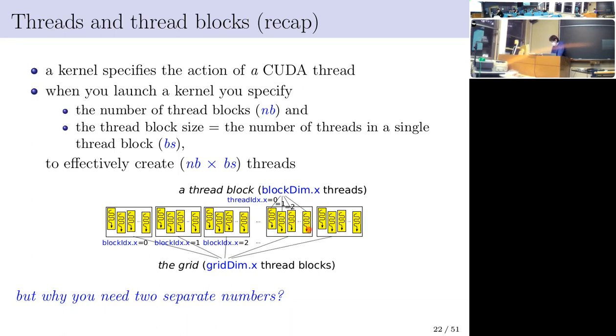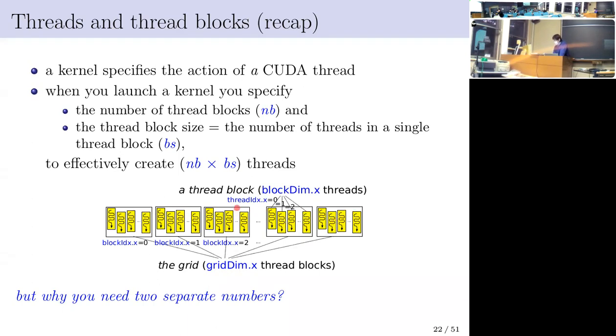So you have a single thread block having, in this particular figure, something like 4 threads. Typically, you have many more, and you have many thread blocks.